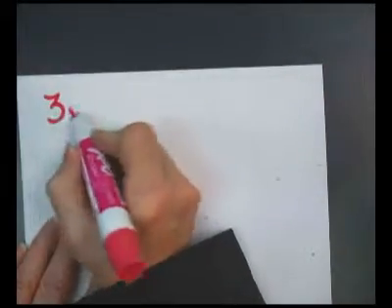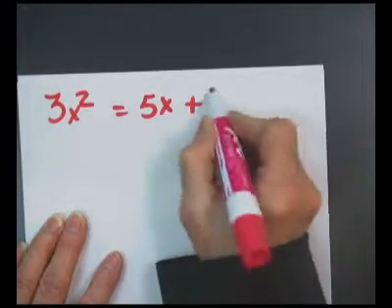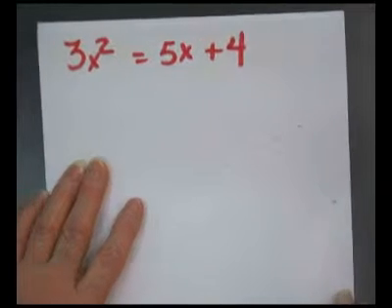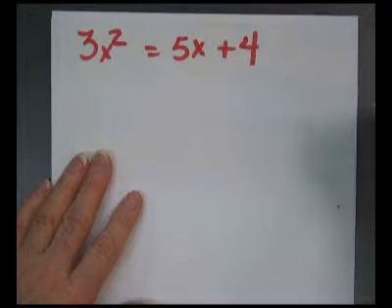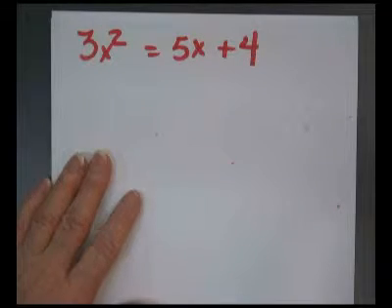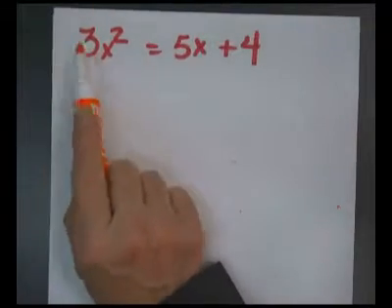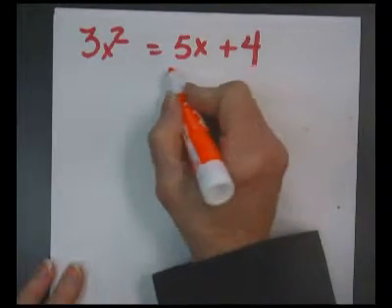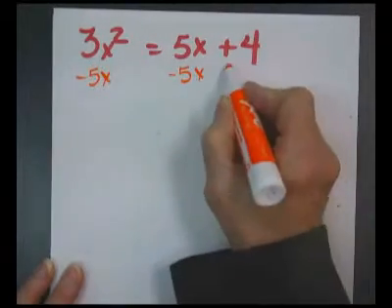Okay, 3x squared equals 5x plus 4. Houston, what's the problem? It's not in standard form. It's not equal to 0. Let's leave the x squared positive, so we'll subtract 5x and subtract 4.